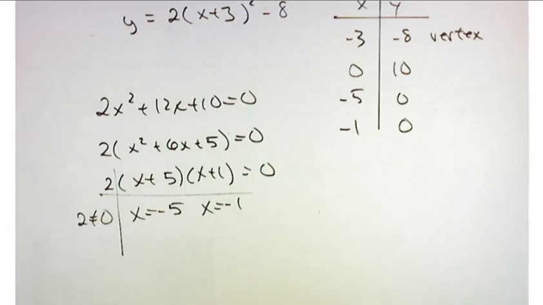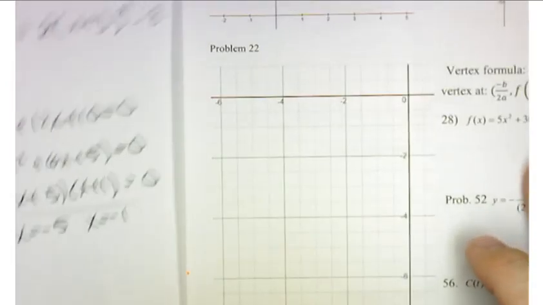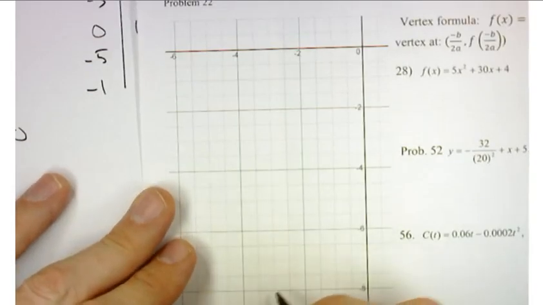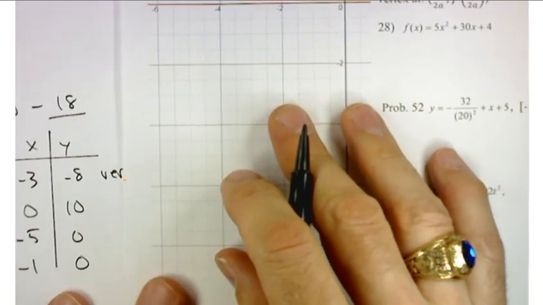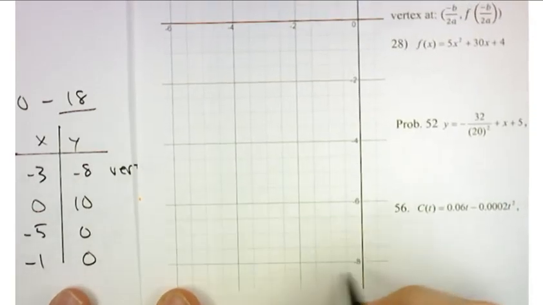Let's see if I have enough room. I think I have enough room to graph this except for perhaps the y-intercept. So let's put that on our handout. So we had a vertex at negative 3 and negative 8. So that's down here, negative 3 and negative 8.